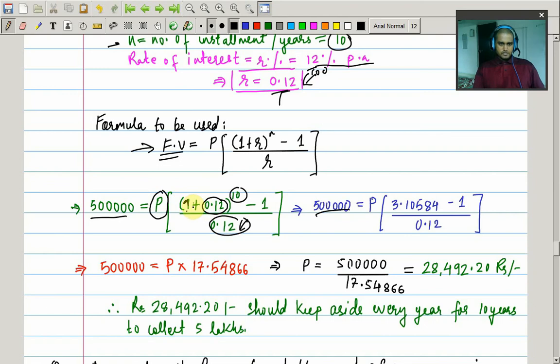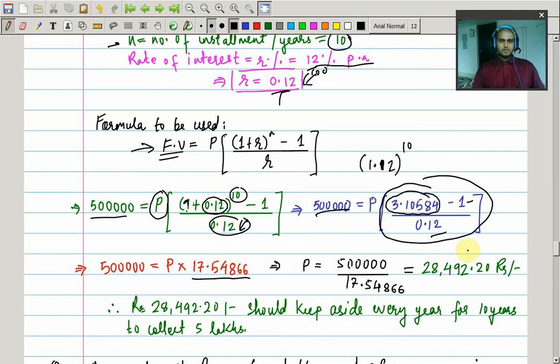And what I have done here, so 1.12 raised to 10th power, it comes 3.1584 minus 1 upon r. So after calculate this whole bracket, it comes 17.54866.